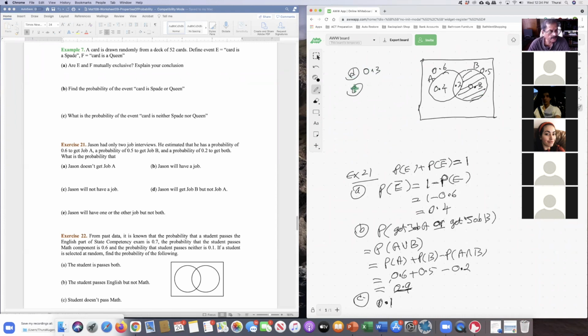Part E is Jason will have one or the other job, but not both. Can somebody answer that? It's 0.7. He has 0.4 probability to get A but not B, and 0.3 probability to get B and not A. So 0.4 plus 0.3 is the probability to get A or B but not both, which equals 0.7.